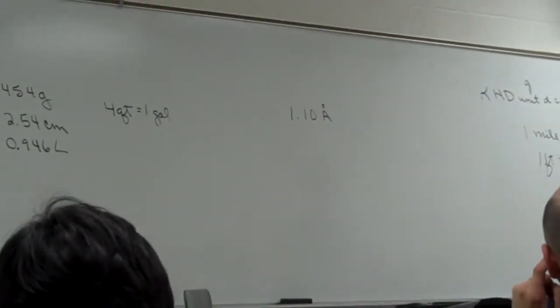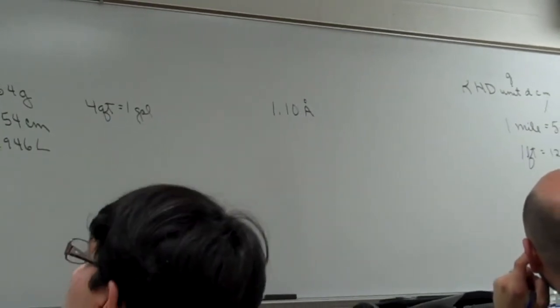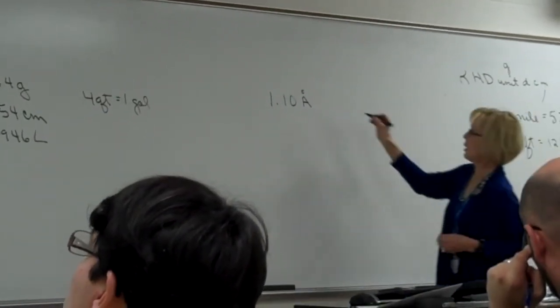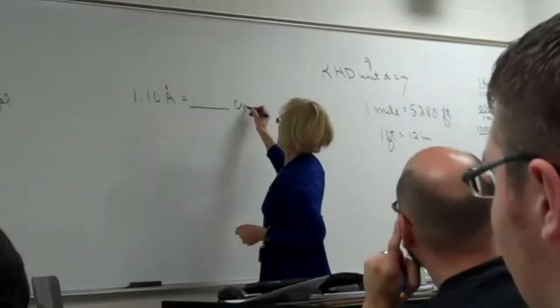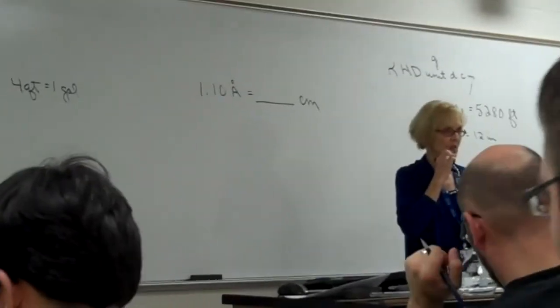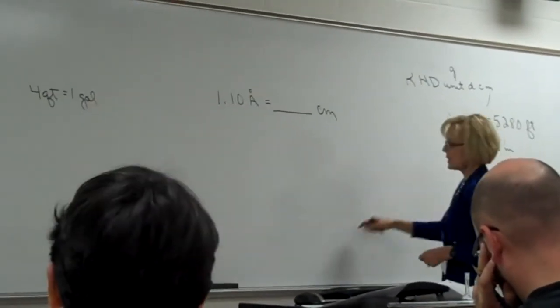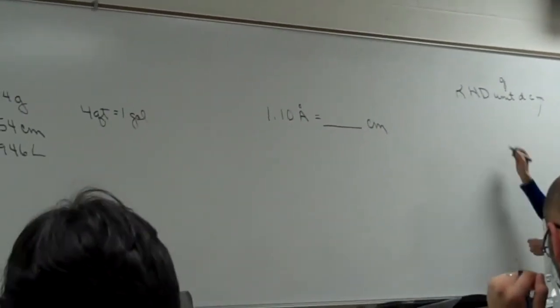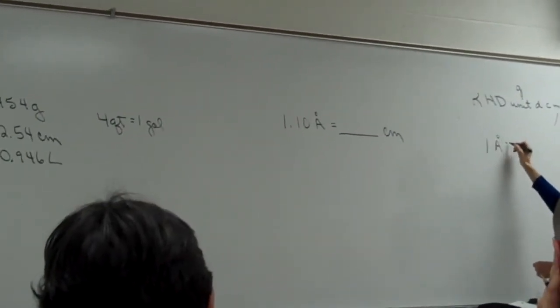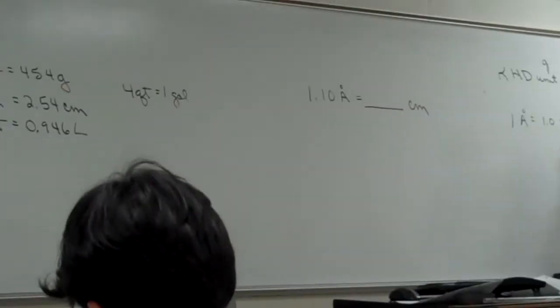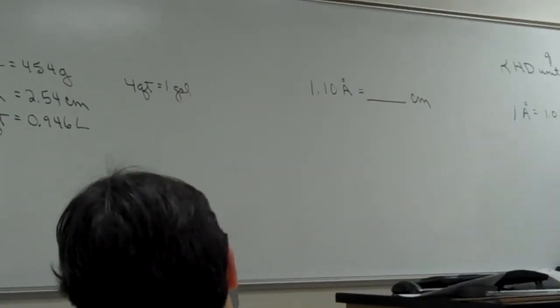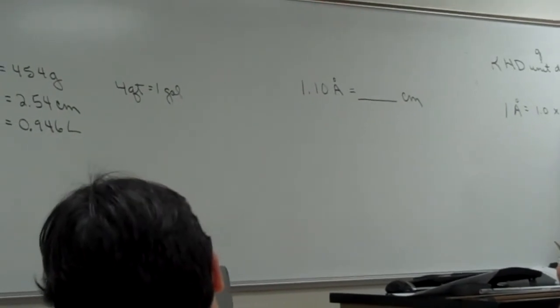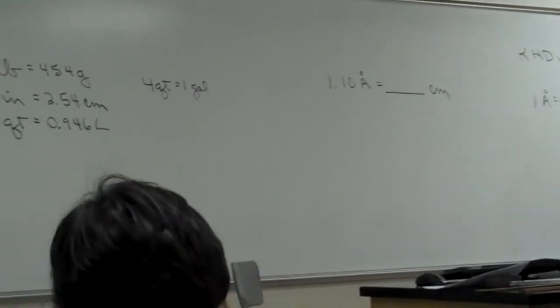Quick, somebody tell me how many sigs? 3. And I would like to know how many centimeters that is. Okay, now I gave you a statement of fact, and I said, need to know. We had 1 angstrom is equal to 1.0 times 10 to the something. Anybody remember the power? Minus 8 centimeters.